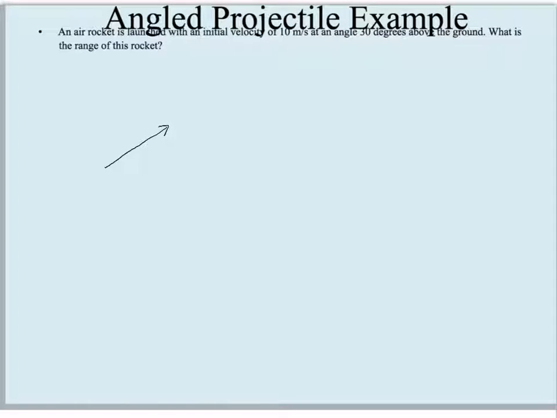It's going to be shot, its initial velocity is 10 meters per second, and it's going to be launched 30 degrees above the ground. And they're asking us what is the range, that would be delta x of this rocket, and that's going to be in meters.